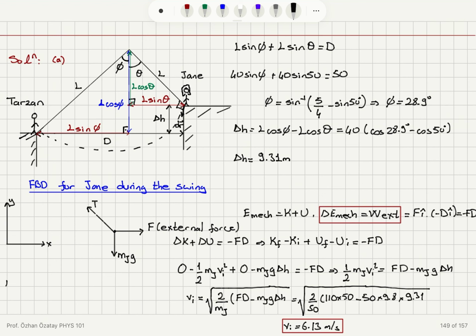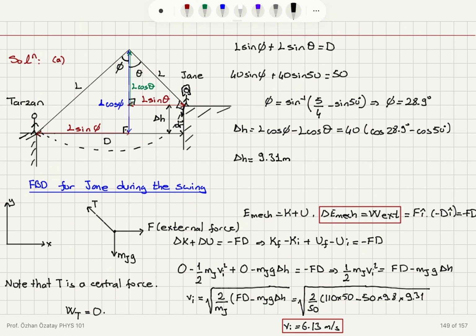So there is no contribution to the work by tension. Note that tension is a central force. It points towards the center, and we're performing a circular motion on the arc of a circle. Therefore, the work done by tension is 0 and should not be considered as a contribution here.